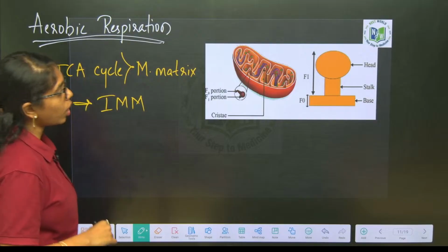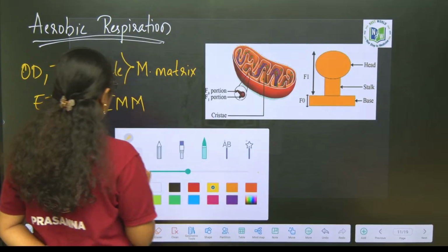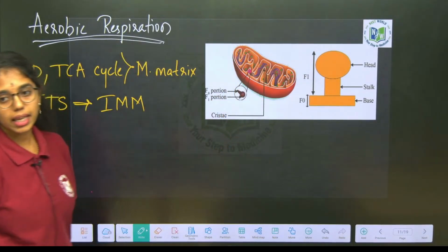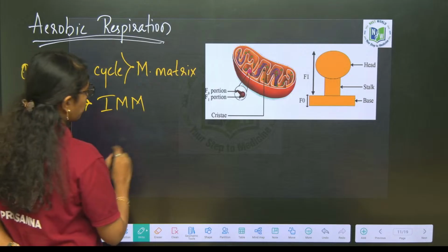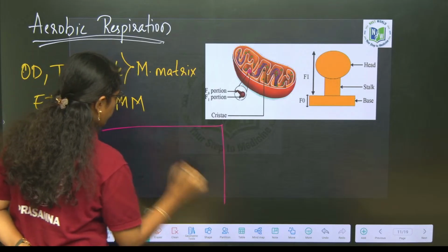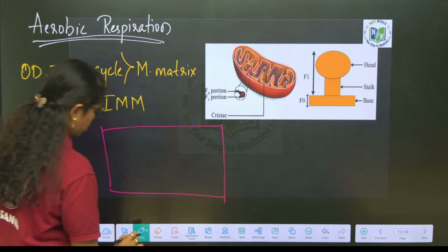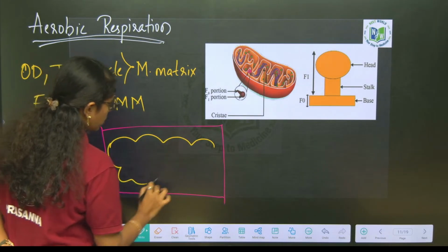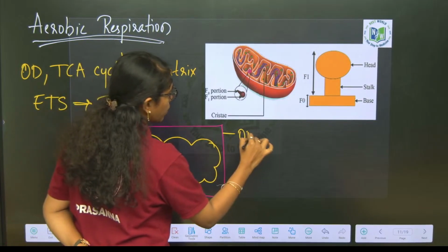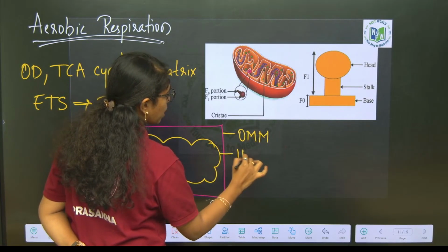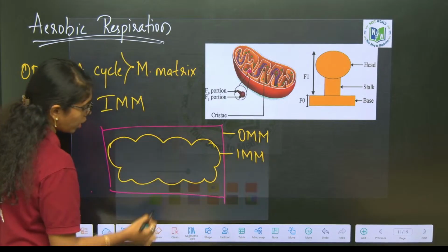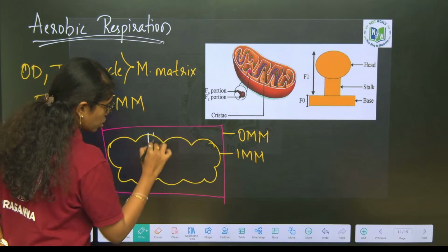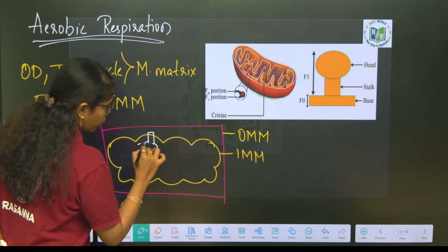And inner mitochondrial membrane will also have some particles called F0, F1 particles or ATP synthase particles. So, let us suppose this as outer mitochondrial membrane and this as inner mitochondrial membrane. In inner mitochondrial membrane, what are present? F0, F1 particles or ATP synthase. So, here if you see, they have what?